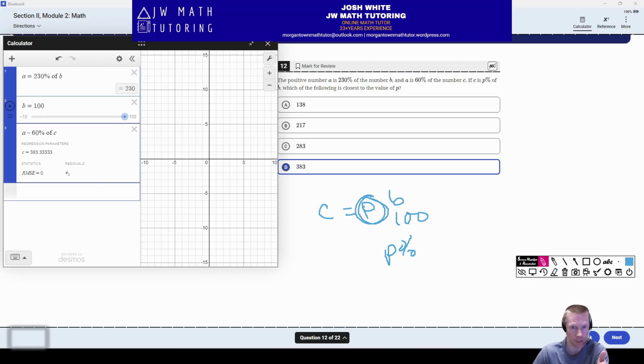In other words, it turns it from the decimal P into the percentage P. And then the percentage P is just equal to C. So that's why 383 right here is the correct answer when I set B equal to 100. So that's the key to this problem. That's how you could do the entire problem in Desmos.